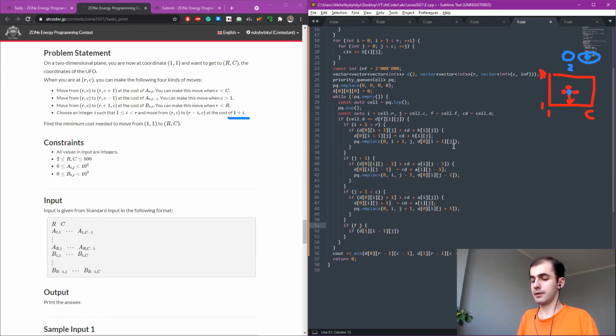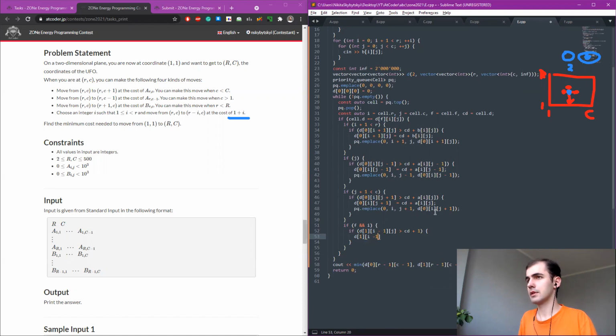So if f ends greater than 0, and i greater than cd plus 1, plus here, 1 minus 1, which is, let's make it uniform.